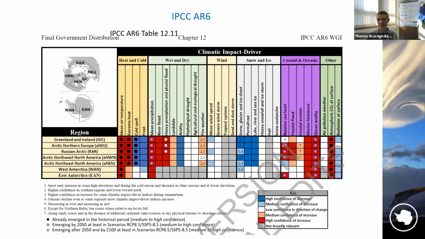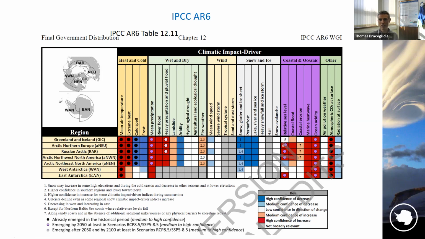I've been trying to catch up with the AR6 report, and one of the things that stood out to me when looking at this table from chapter 12 is how, and this table is looking at different sort of impact drivers across different parts of the world.